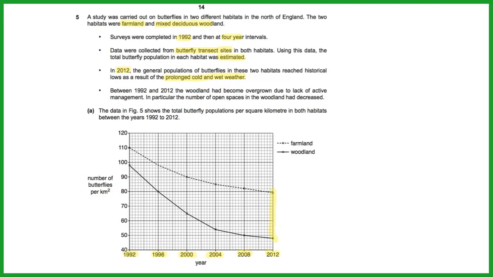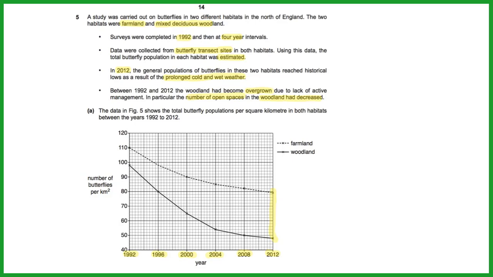Then they go on to say between 1992 and 2012, the woodland had become overgrown due to lack of active management. In particular, the number of open spaces in the woodland had decreased. Now, the consequence of that is you're getting a change in the habitat diversity.